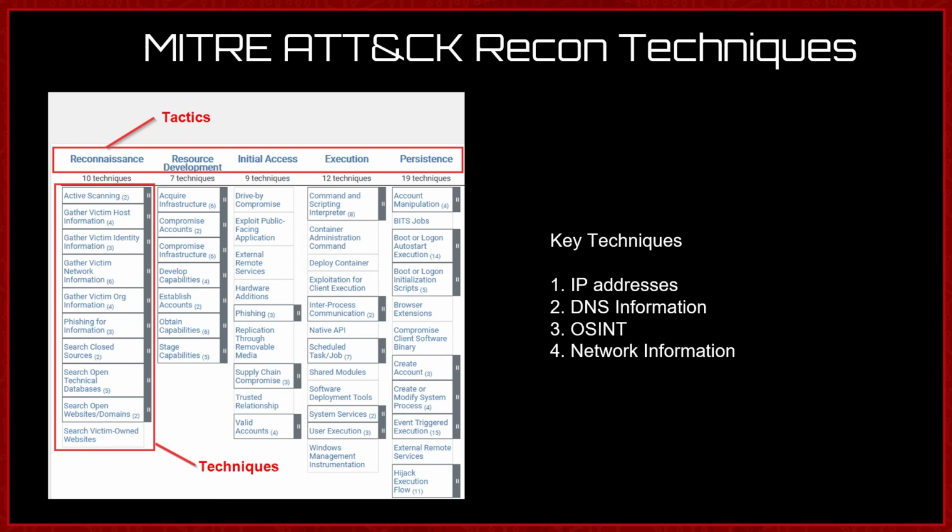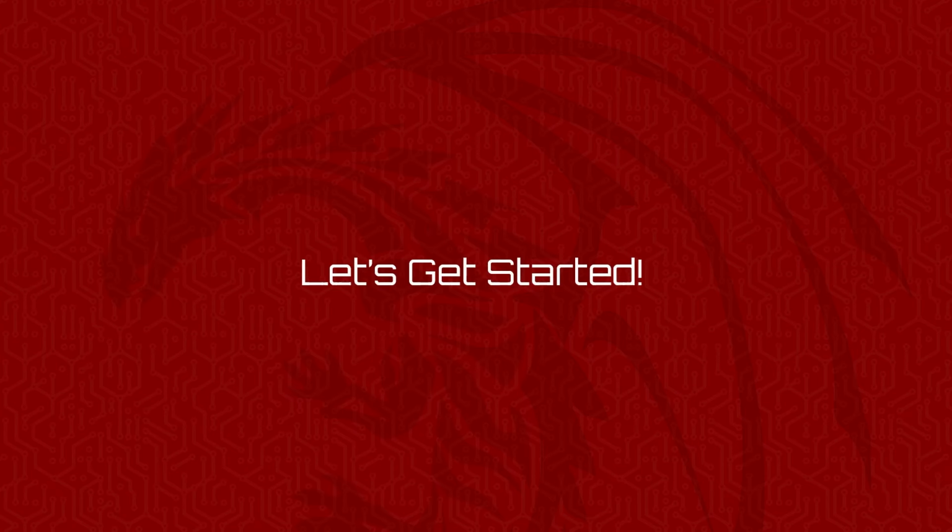All of this is quite important, and will all play into our next tactic, which is resource development and initial access, and then of course you have execution, so on and so forth, right? That being said, that's pretty much all that I want to cover on the theoretical side of things. Let's actually get started with the practical aspect of this video.